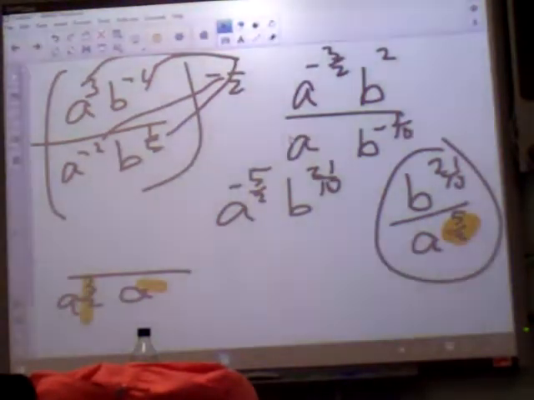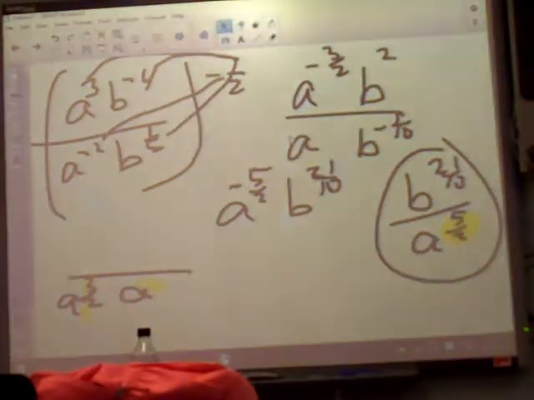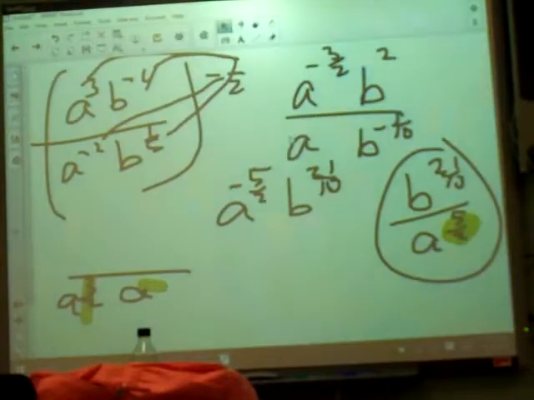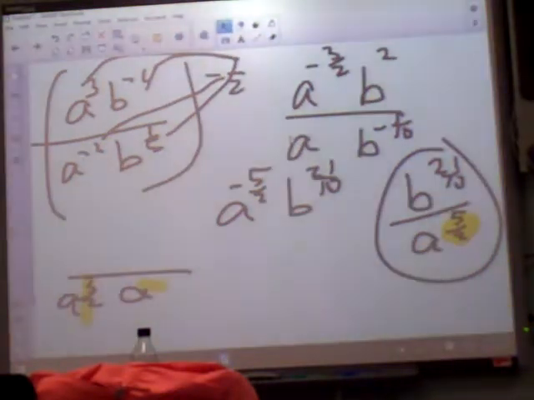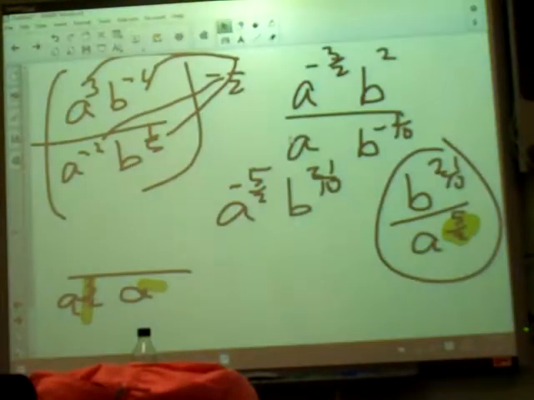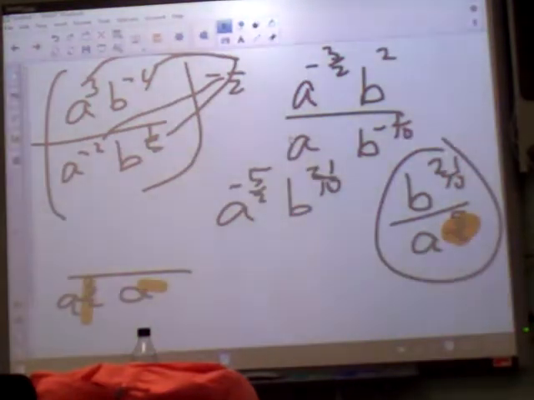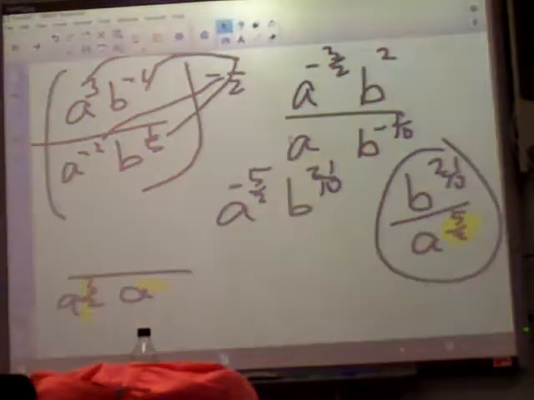We still never got to what first period did first. Anybody got a guess on another way you could have started that? It's not any better, just another option. At the start, go ahead and divide. Aaron said go ahead and divide before you distribute that exponent. Yes, you could have done that.